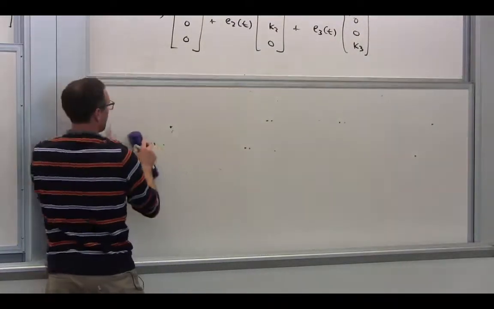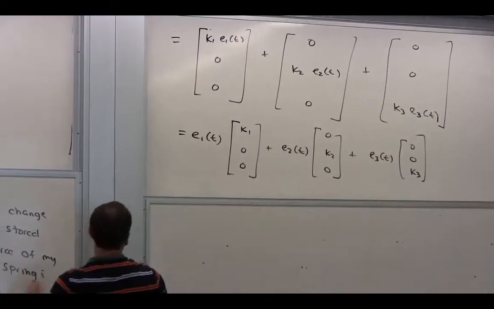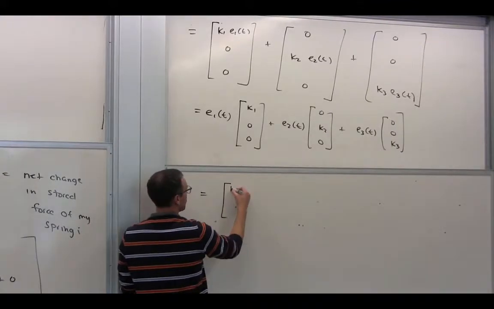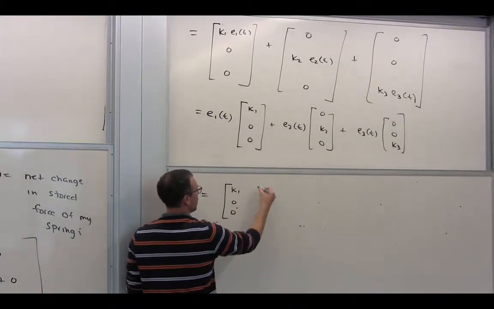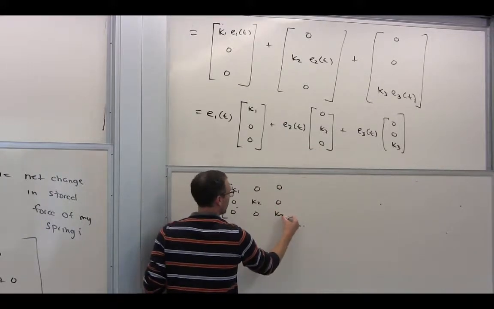Anybody see a linear combination of column vectors with scalar coefficients stored in one of our most famous vectors that we've talked about in this modeling paradigm so far? What is it? First column is k1, 0, 0. Second column is, third column is.